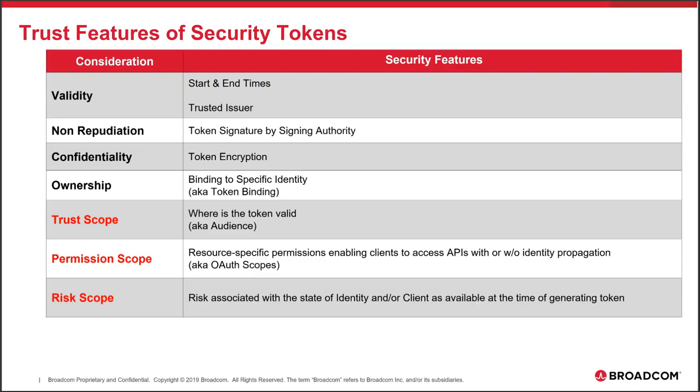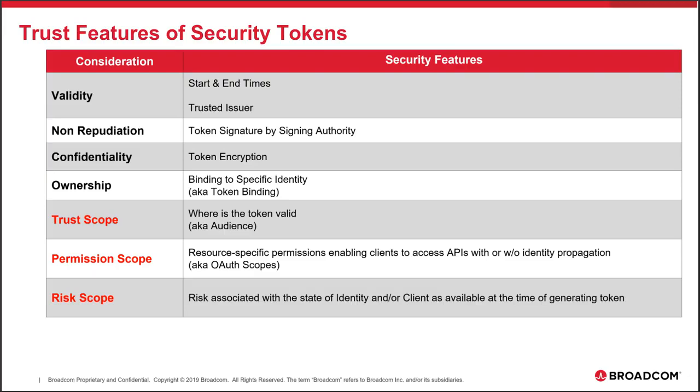It's very important because tokens, some of the time or most of the time, depending on which tokens you work with, are bearer tokens. So just by having a token, to whom can it be presented? For whom is it issued? It's very, very important that tokens can be presented only to those parties that the tokens were intended for.